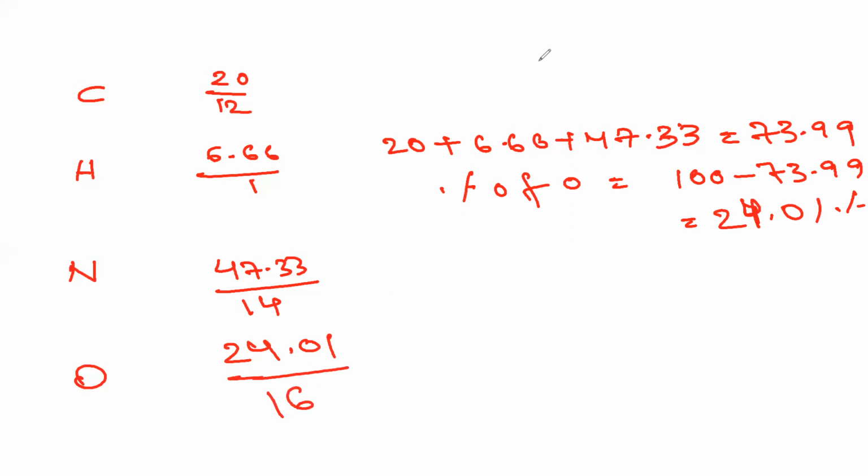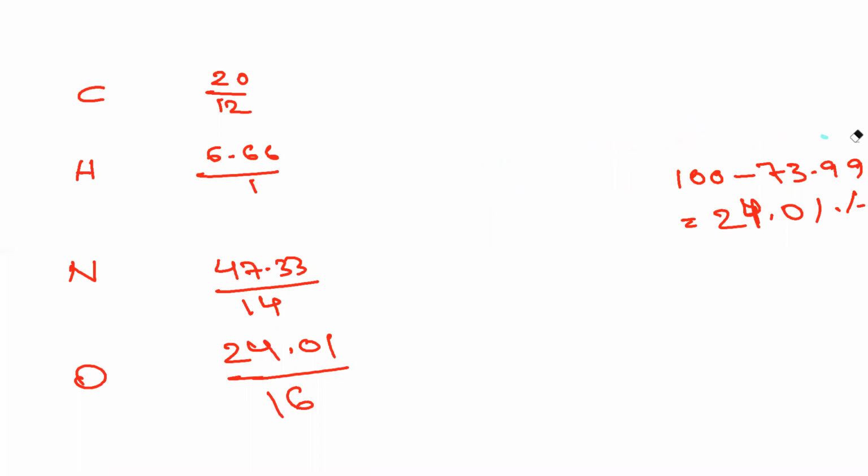If you divide all these, 20 by 12, 6.66 by 1, 47.33 by 14, 24.01 by 16, you will get: 20 by 12 is equal to 1.66.